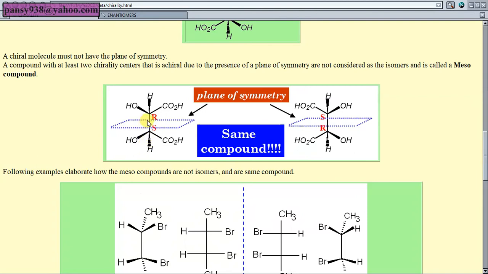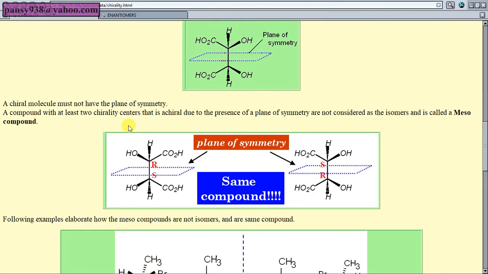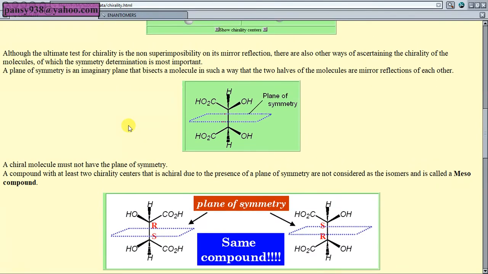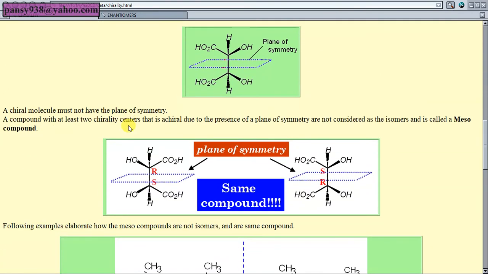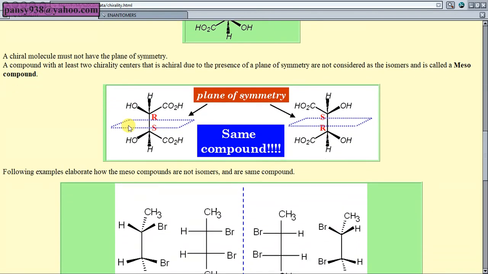This is the imaginary line, called the hypothetical plane of symmetry. In both cases, they are actually the same compound and are called meso compounds.